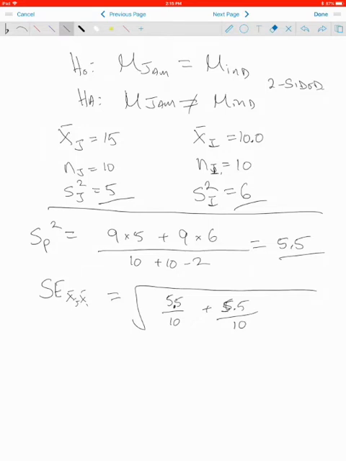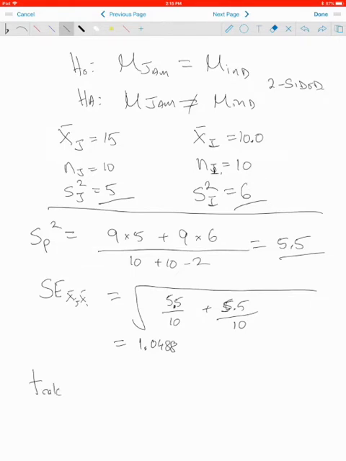So sum those things, take the square root, that gives you the standard error of the difference in means, and this ends up being 1.0488, again to excruciatingly many decimal places because I'm going to use that to calculate t-calc.